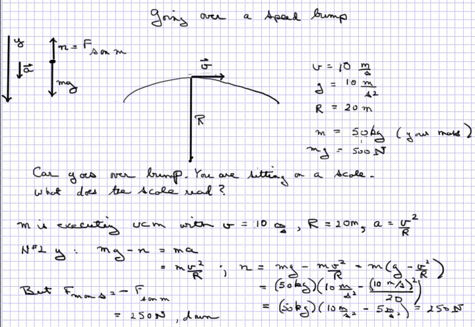So if your mass is 50 kilograms and we're assuming that g is equal to 10, that means that your weight is 500 newtons. No contest about that. But the measurement registered on the scale that you're sitting on is less than 500 newtons, and so let's see why.